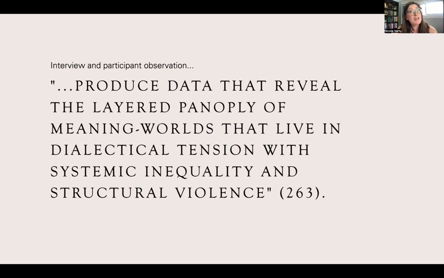It can either contribute to the systemic inequalities and structural violence that are existing. We can reinforce the hegemonic structures, or we can reveal what is happening. We can hopefully speak in truth-telling ways that reveal injustice and can help, we hope, ameliorate those tensions.